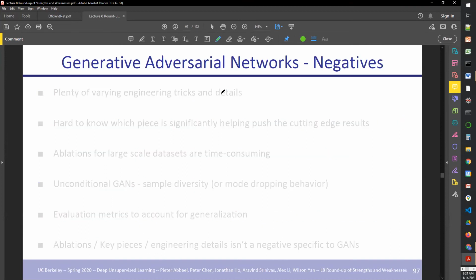What are some of the negatives? It does appear that there is an extent of engineering tips and tricks and details you have to pay attention to get the GANs to really do what you want. I still remember, even with DC GANs, which are simpler compared to the big GANs and StyleGANs and all of that, Jeremy saying just before he went into the lecture, he'd been struggling with this for days and nothing was working.